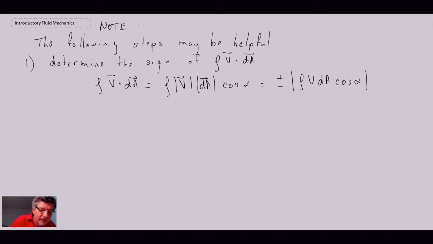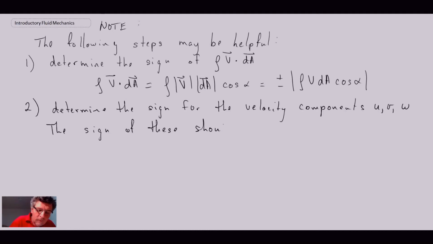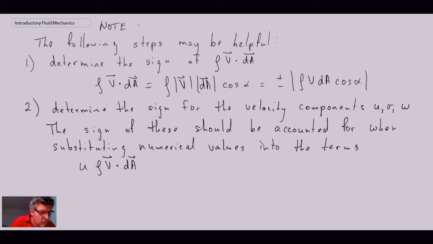And the second thing to note is be careful about the signs of u, v, w as well. So essentially what I usually do when I solve these problems, first of all, I look at the mass flow rate crossing the boundary, and I determine the sign of this term.